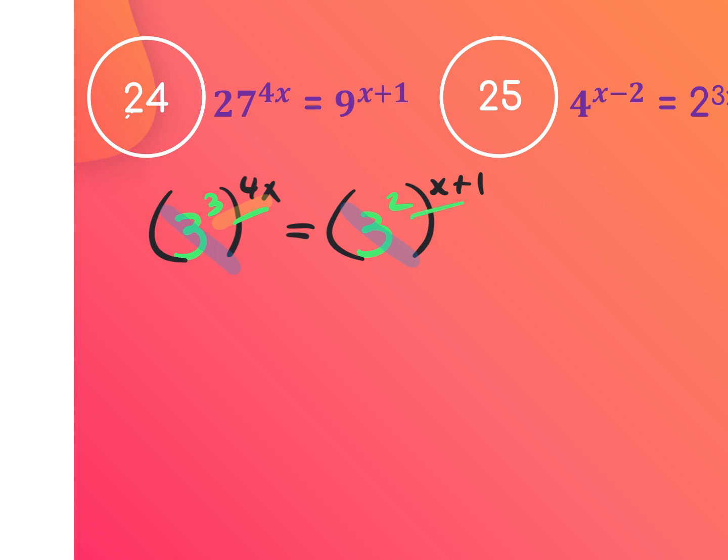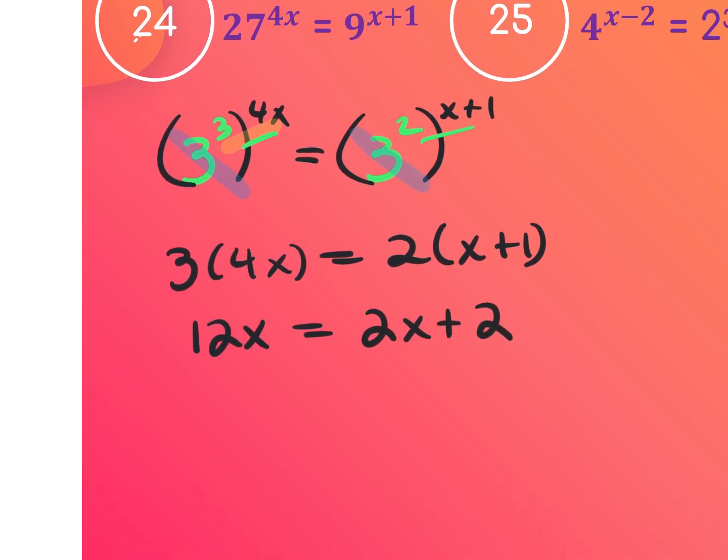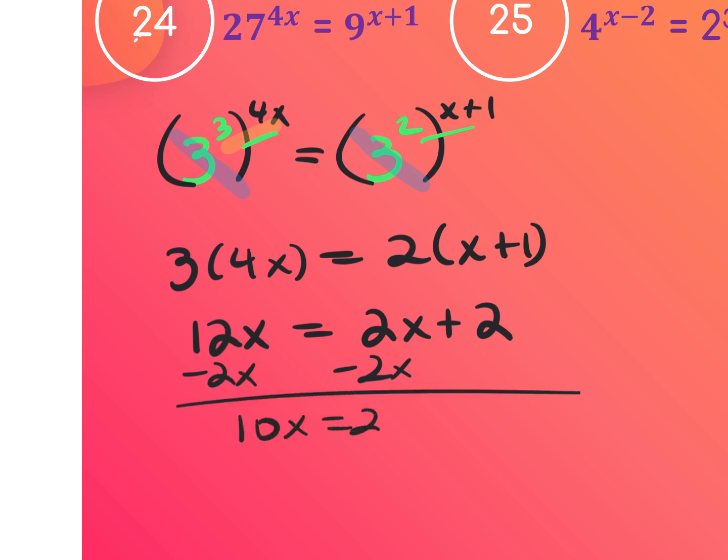So I end up with 3 times 4x equals 2 times the x plus 1. I'm going to multiply and get 12x. Distribute 2x plus 2. Subtract the 2x. 10x equals 2. Divide by 10. And x equals 1/5.